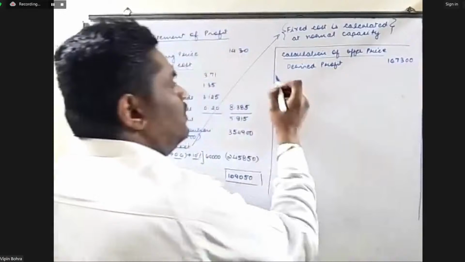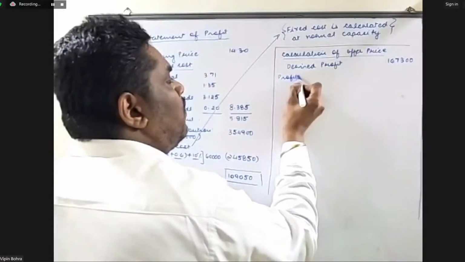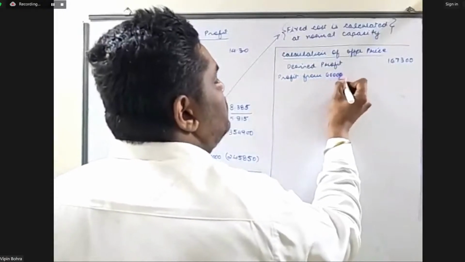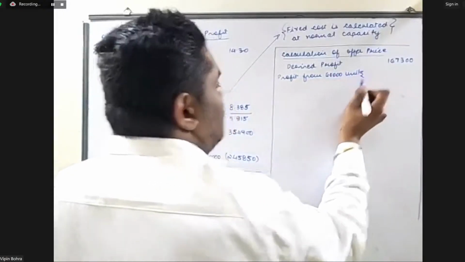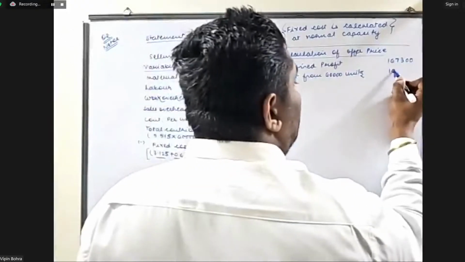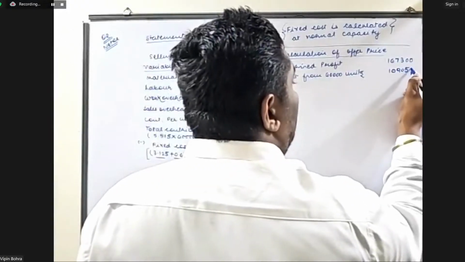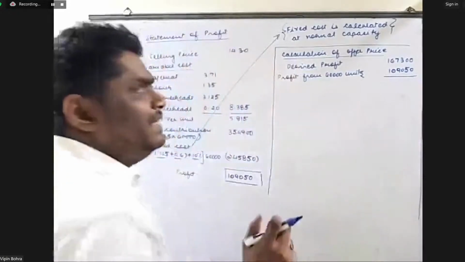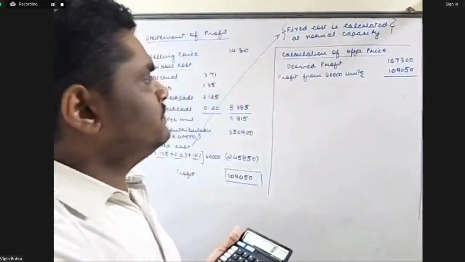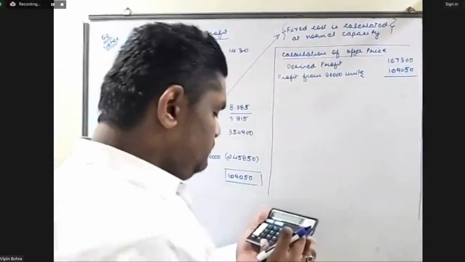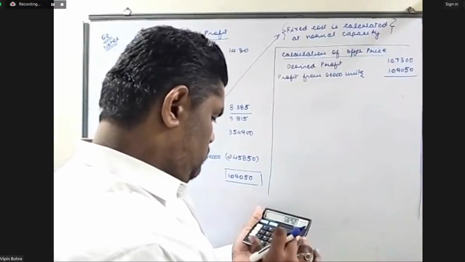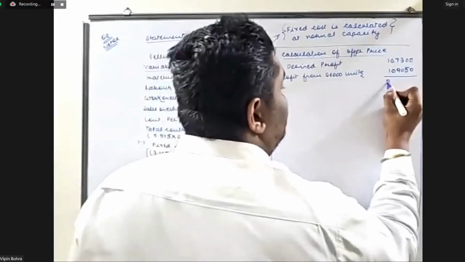So desired profit is how much? 167,300. Now profit from 60,000 units is 109,050. So my desired profit from the balance 20,000 units will be how much? 58,250.